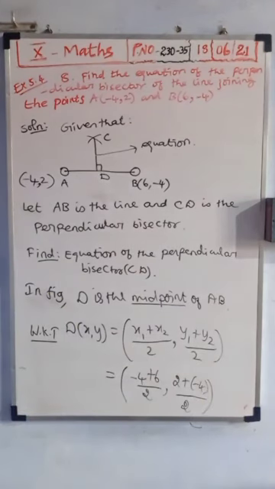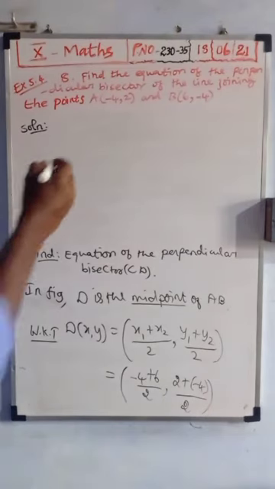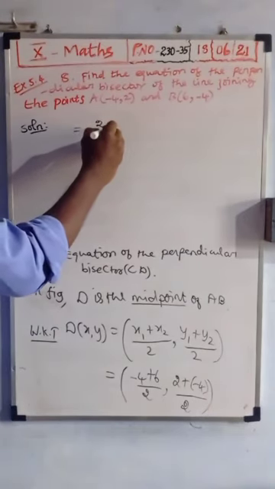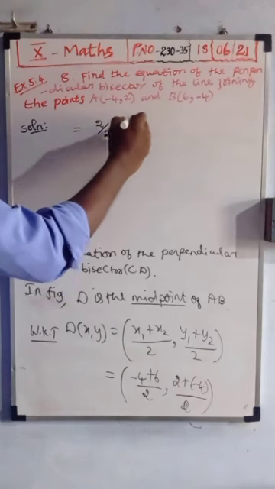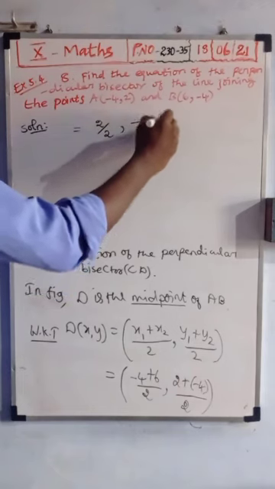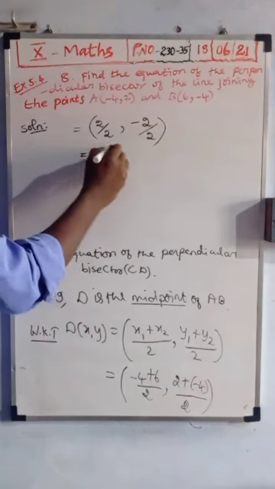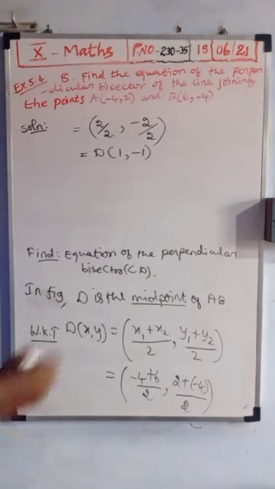Then simplify: 2 by 2 cancel, comma 2 minus 4 means minus 2 by 2. So cancel this. D point is 1 comma minus 1 you will get.